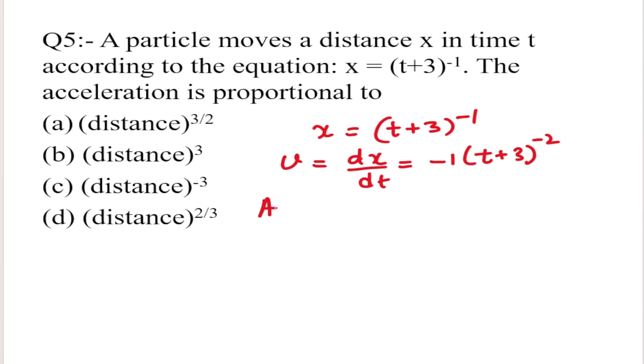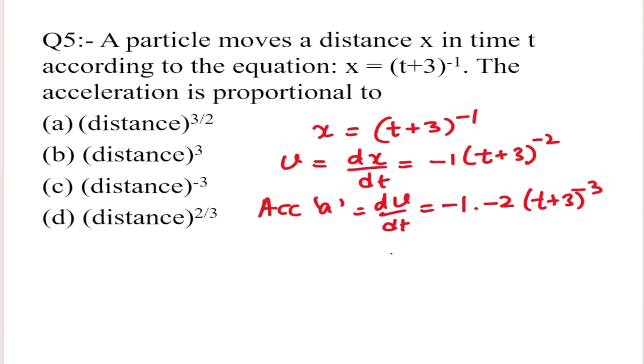Now to find the value of acceleration, a equal to dv upon dt. Again we differentiate. ये -1 तो ऑलरेडी है. पावर -2 बाहर लिखेंगे और (t+3) और 1 पावर भी ले, तो -2 into -1 is 2 and this is (t+3) power -3.